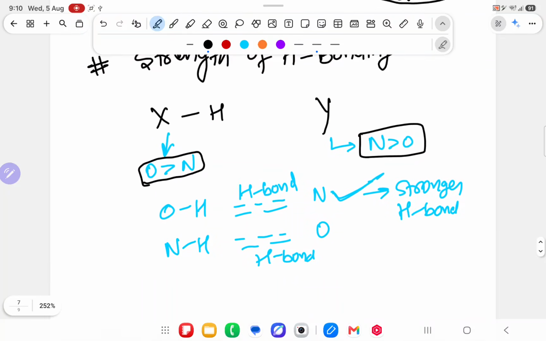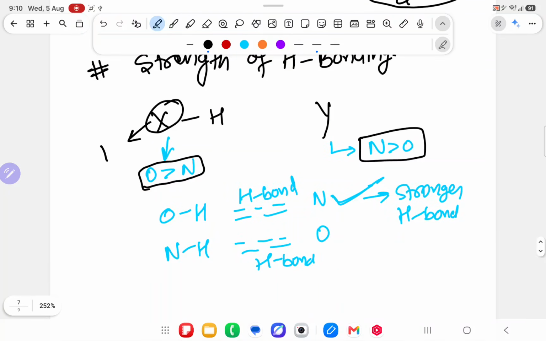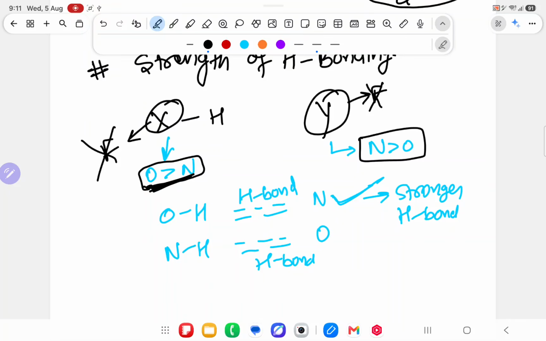Means if either X is F or Y is F, then no need to check, that will be the strongest. But if F is not there, then check oxygen or nitrogen, nitrogen, oxygen. Understood the point? Suppose X is F and Y is also F, then strongest. X is F, Y is N, also strong. X is N, Y is F, F coming, strongest. If F is not coming, and only oxygen or nitrogen is coming, then check like this. This is the priority order.